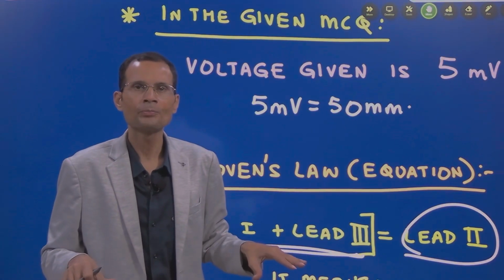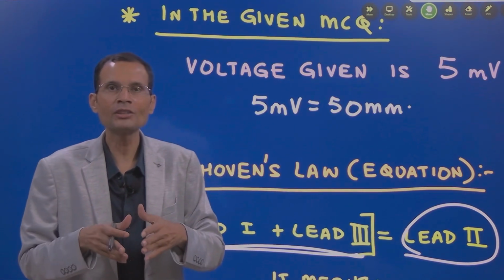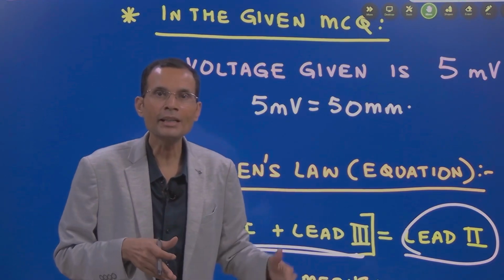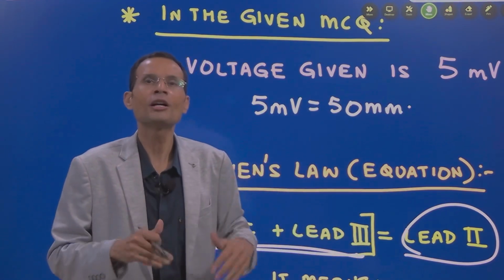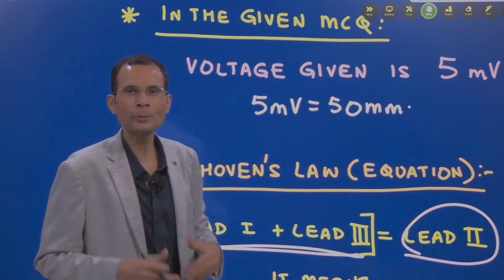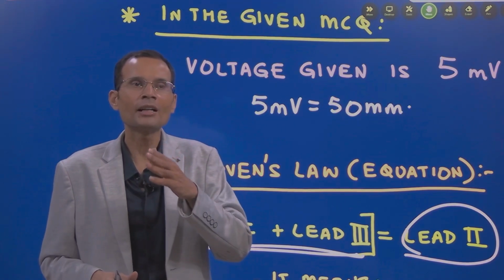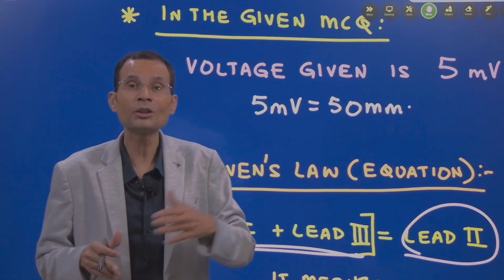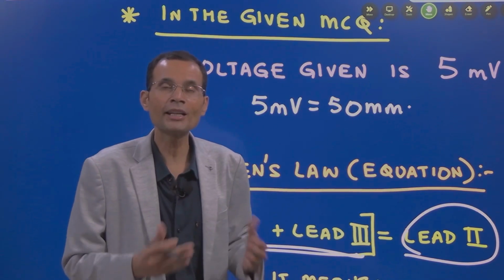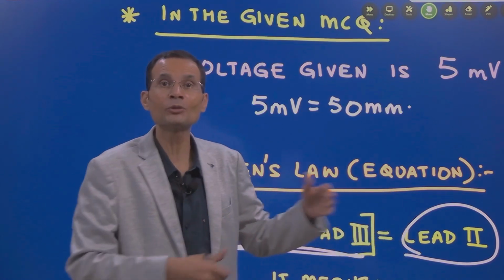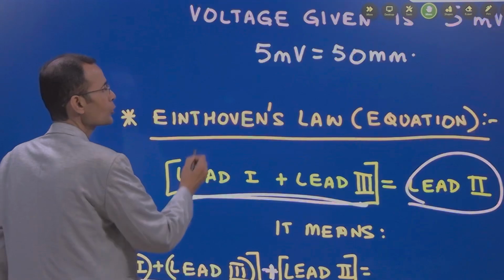So effectively they are saying that the potentials in lead 1 plus 3 plus 2 is equal to 50 millimeters. And that is where the problem arises, because we have learned Einthoven's equation as 2 is equal to 1 plus 3. That's all we know about Einthoven's equation. And here they are saying 1 plus 3 plus 2 is equal to 5 millivolts or 50 millimeters. So how does that correlate?